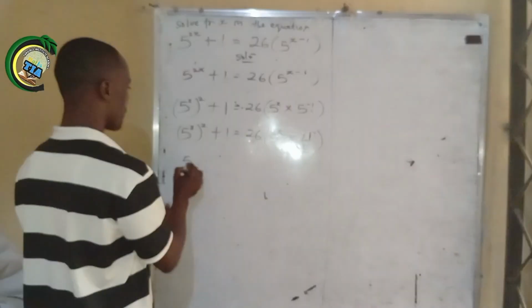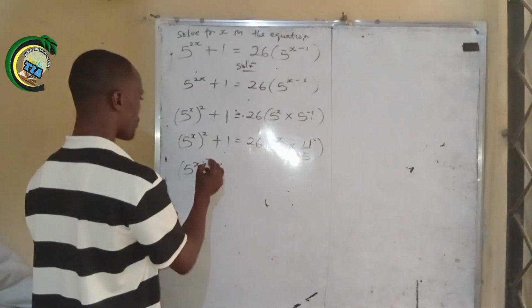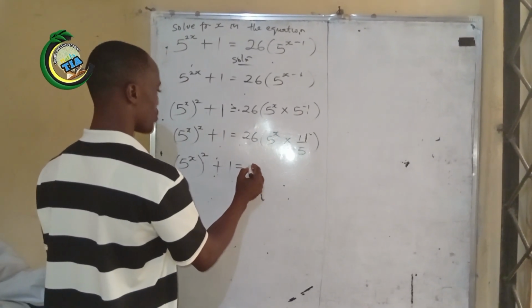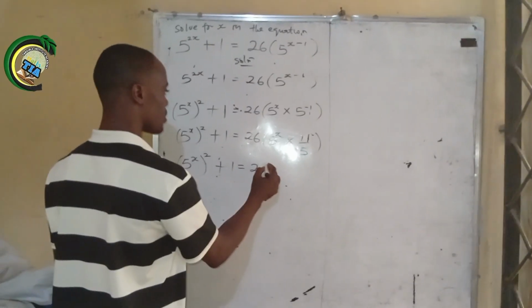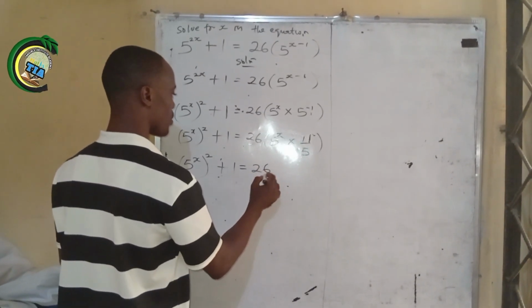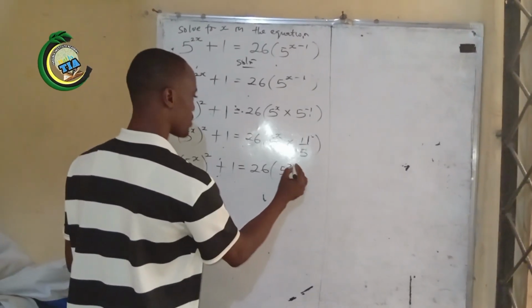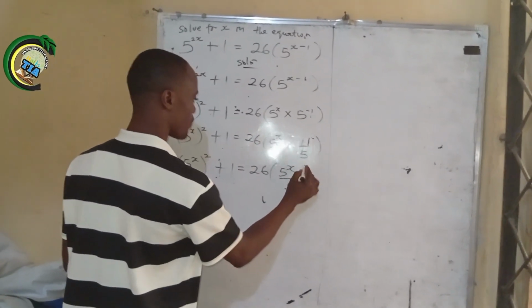1 over 5. So that we have 5 raised to power x all raised to power 2 plus 1 is equal to 26, because this times this is equal to 26 in bracket 5x all over 5.